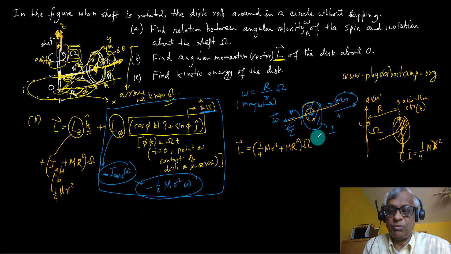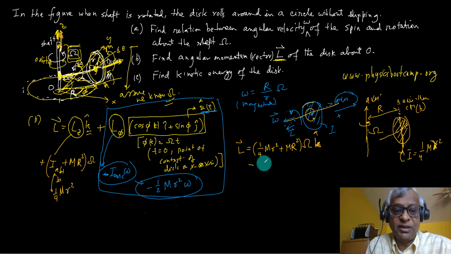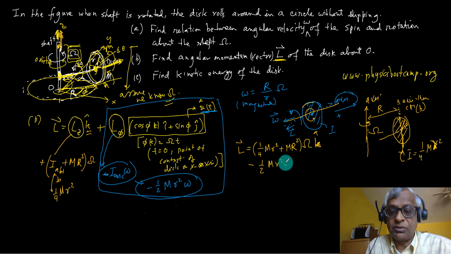This is the center of mass motion in the k hat direction, plus, actually it's a minus, minus 1/2 m r square little omega, and this is the spin motion, and this whole thing times the unit vector is cosine phi of t I hat plus sine phi of t j hat.